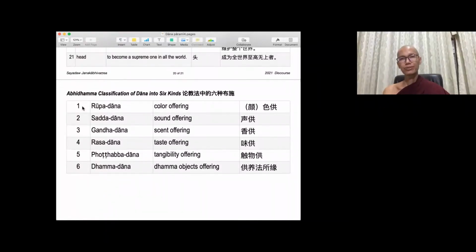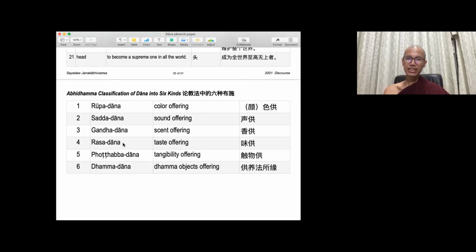Number 2, Sadadana, sound offering. This is for the ear. We can take those sounds by ear. Gandhadana, scent or smell, odor offering. We can take those things with our nose. Rasadana, taste offering.